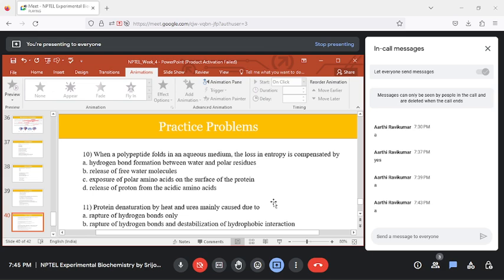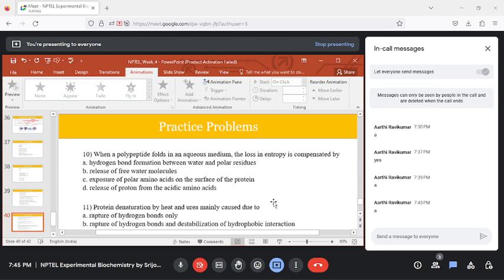The loss in entropy is compensated by... because when a protein folds there is some kind of loss of entropy, which is not a favorable thing. So what is the phenomenon that is compensating this loss in entropy? It is the release of free water molecules which were primarily present in the core of the protein.